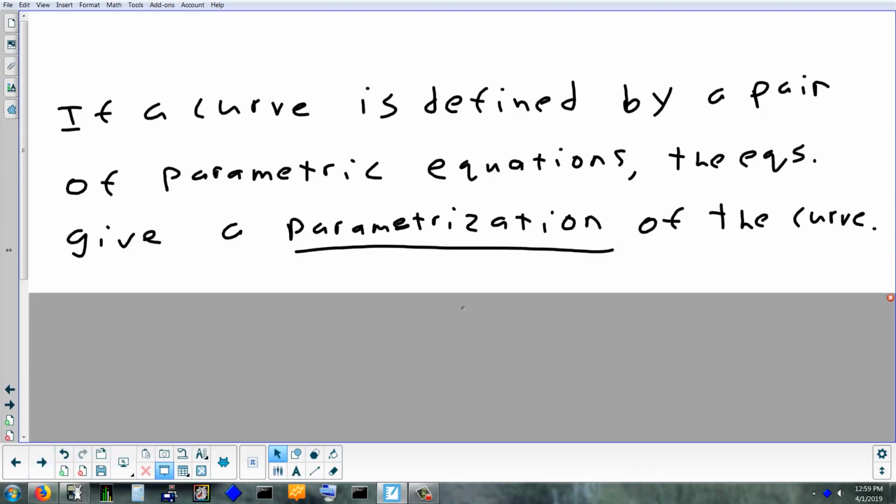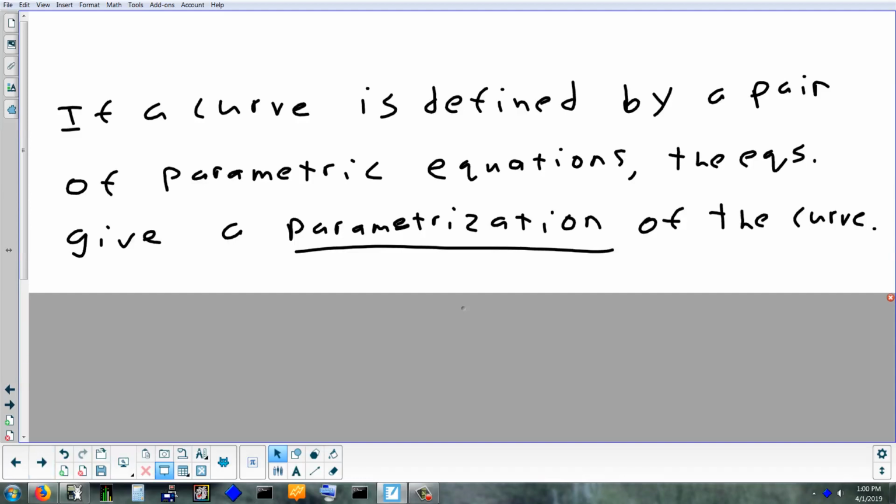All right, so if you have a pair of parametric equations, one for x, one for y, those two equations parameterize the curve. In other words, those two equations write the curve parametrically. As opposed to what other way? Well, as a function, like y equals mx plus b, or something like that.